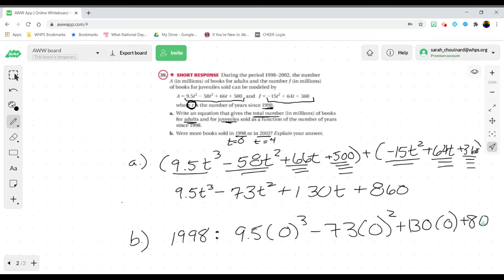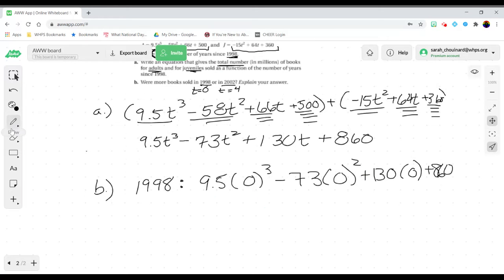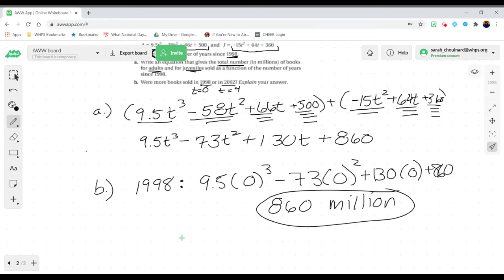All I'm going to do is take my calculator and figure out what this is. This one's really easy because this is going to be 0, this is going to be 0, this is going to be 0. So in 1998, there were 860 million, because this was in millions, books sold.